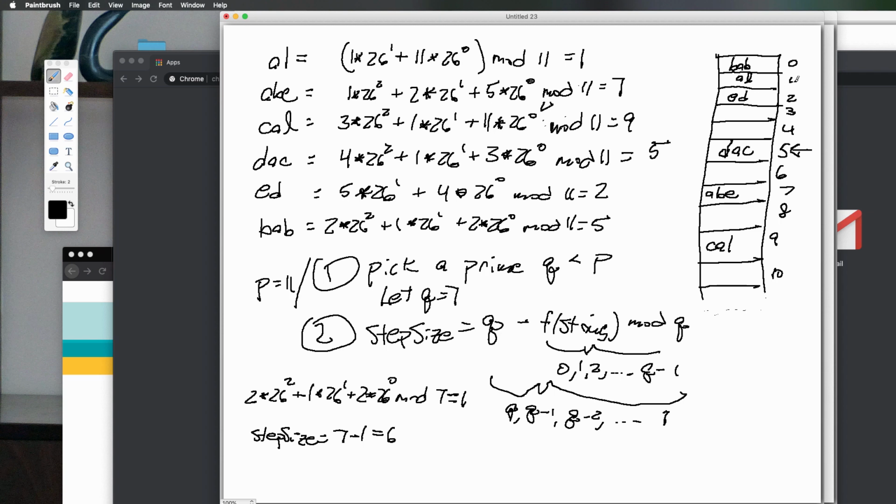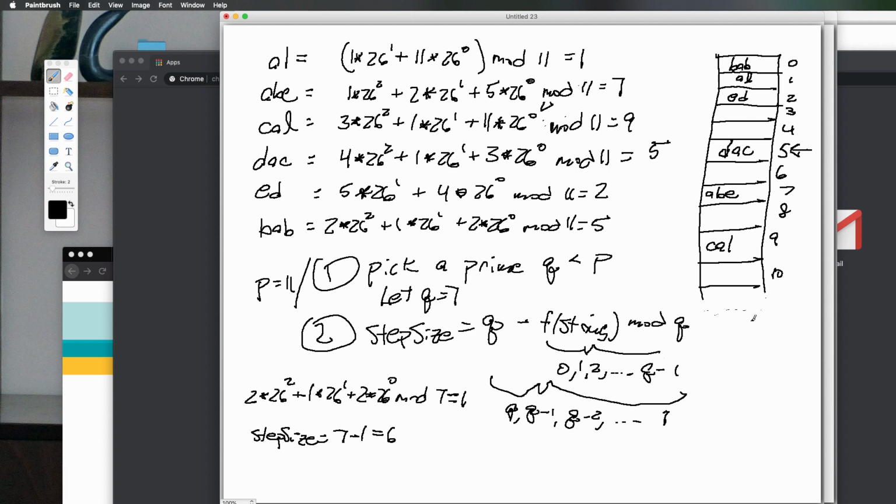On the other hand, let us suppose that this one was occupied as well. So then I'd have to count another 6. Plus 1, plus 2, plus 3, plus 4, plus 5, plus 6. So if this was occupied, I would try to put it in over here.